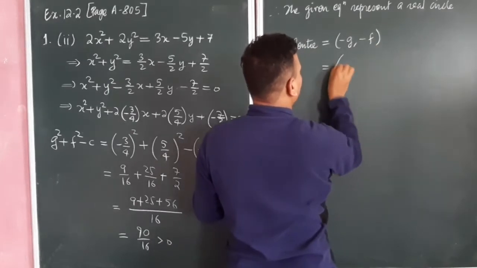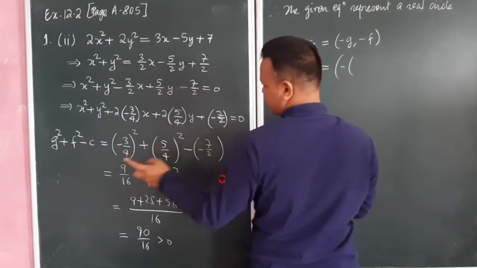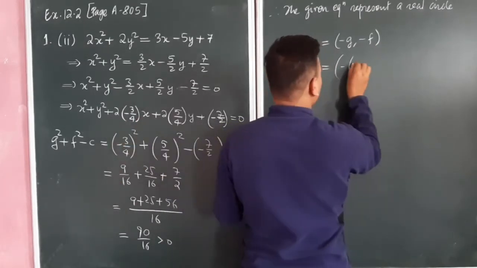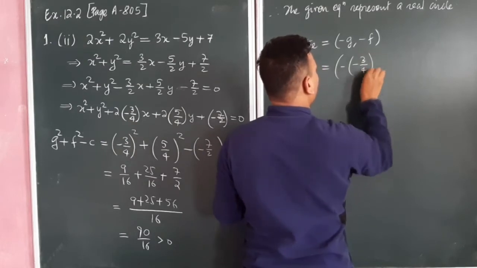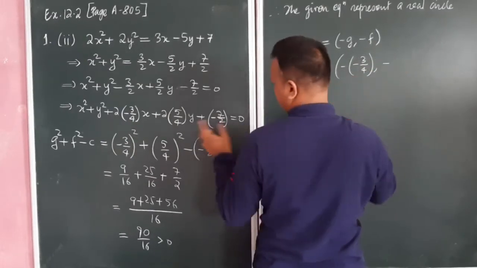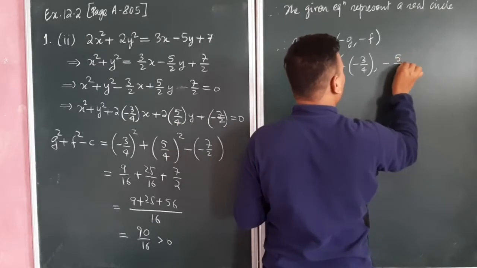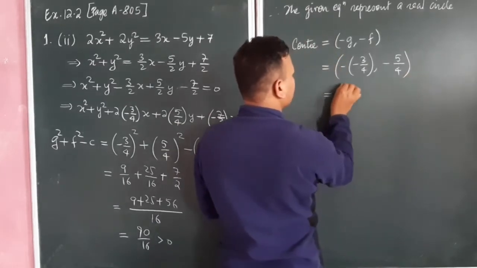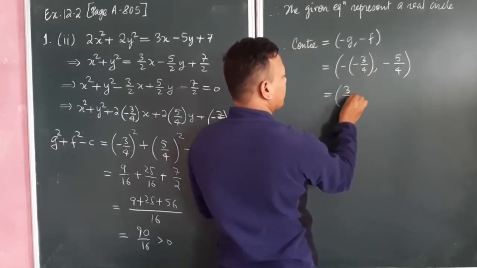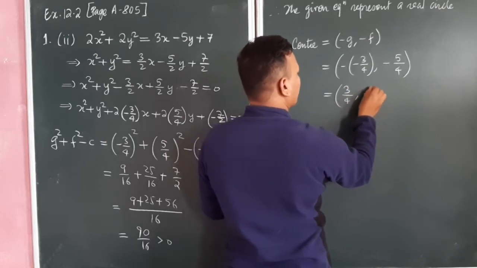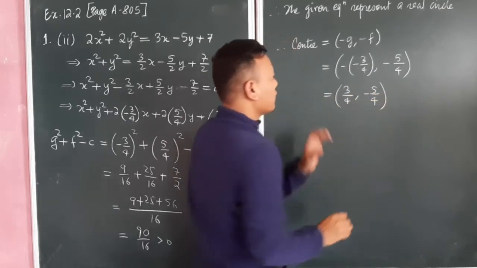G is equal to minus 3 by 4, comma minus f. F is 5 by 4. So that means my center is minus into minus is plus, that is 3 by 4 comma minus 5 by 4. So this is my center.